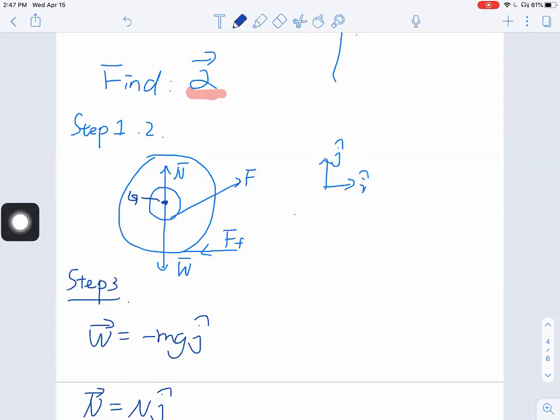If you choose G, that's a special case. There's another approach: you can also choose C. You can try that by yourself. What happens if you choose C is that all the forces passing through C are not taken into consideration in the moment equation. So the friction force, the weight force, and also the normal force will all pass through C. All you're left with is this F force.